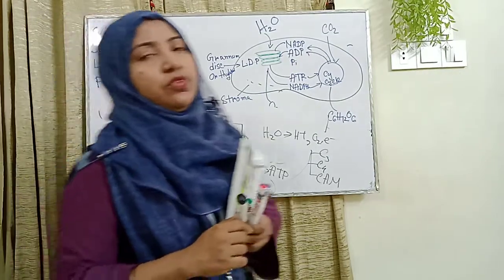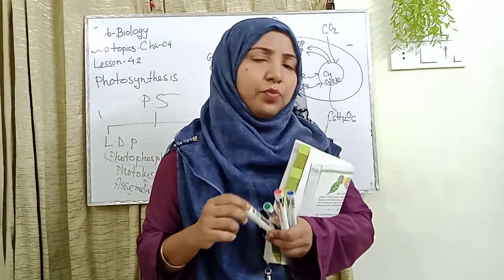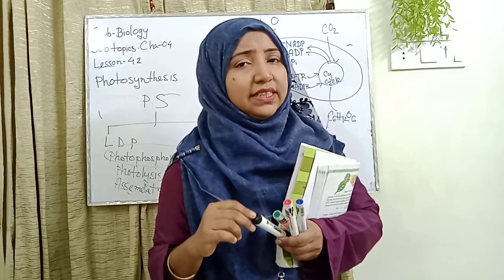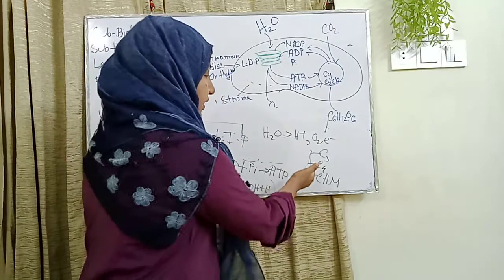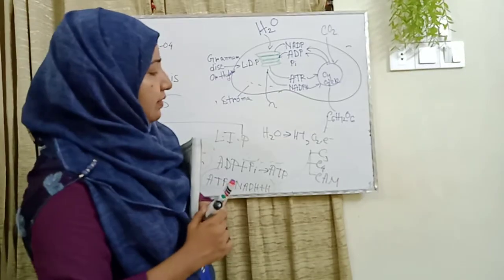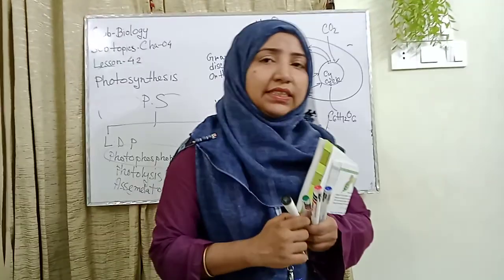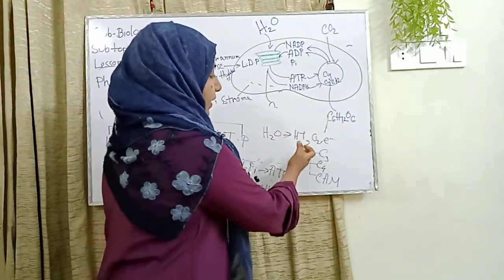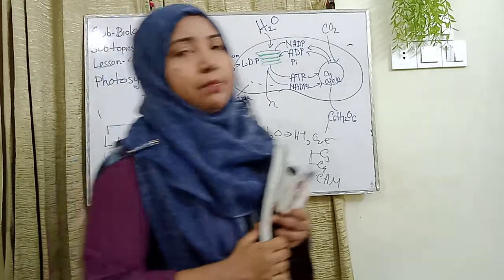What is the C4 cycle? The first main product is oxaloacetic acid, which is a 4-carbon compound. It is called the C4 cycle, and the other is CAM or crassulacean acid metabolism. Here we can know that there are 3 carbon dioxide pathways.